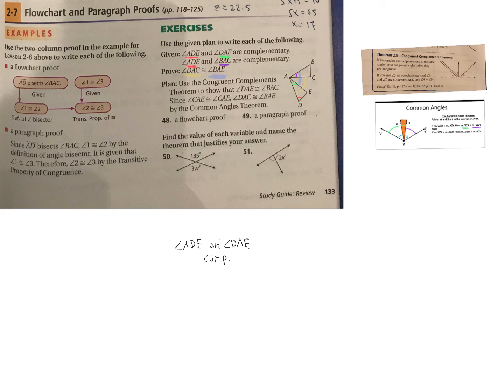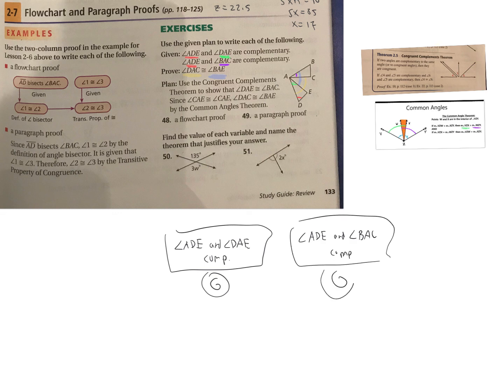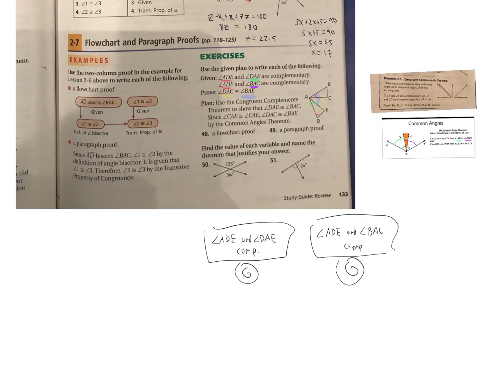That's given. We also have another given, that angle ADE and BAC are complementary. That's also given. So we are just going to follow their plan.